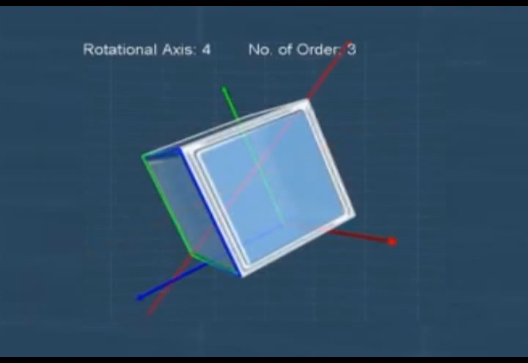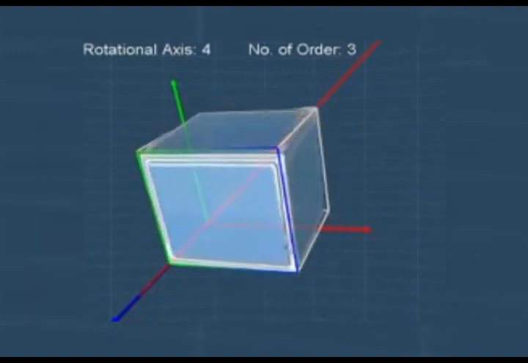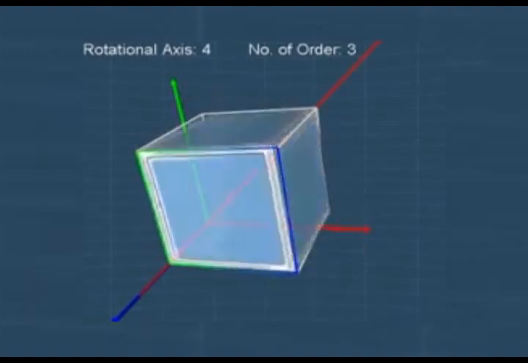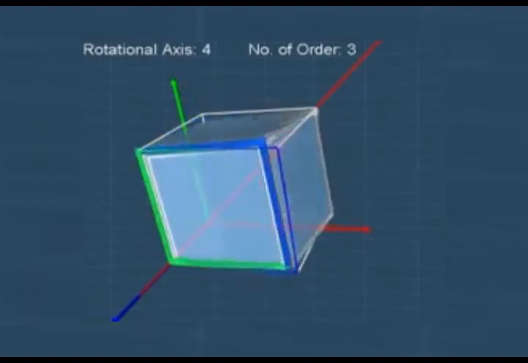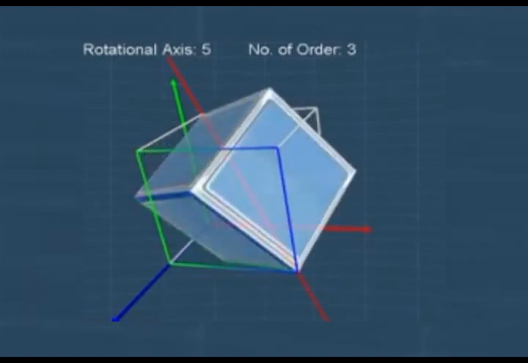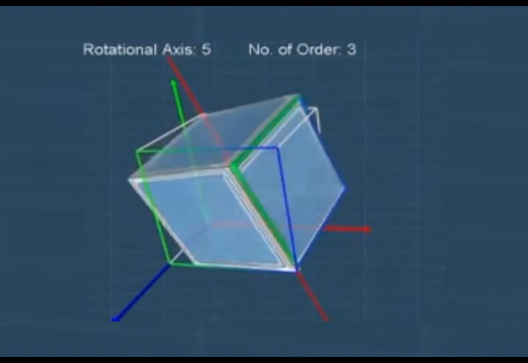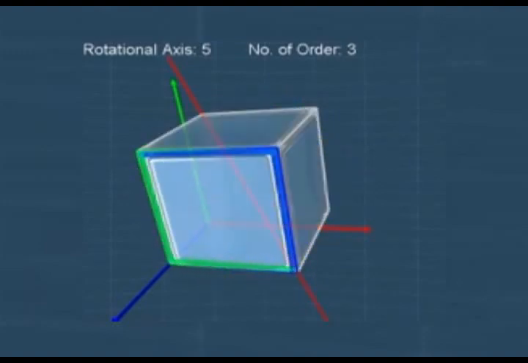For the fourth axis, this axis has the order of 1, 2, 3. The fifth axis, this axis has the order of 1, 2, 3.